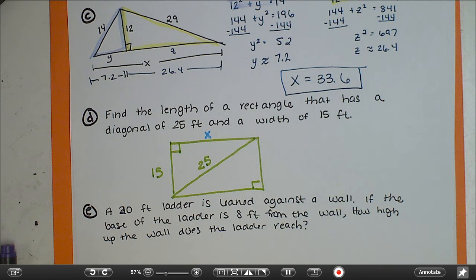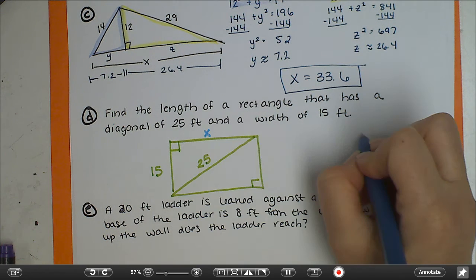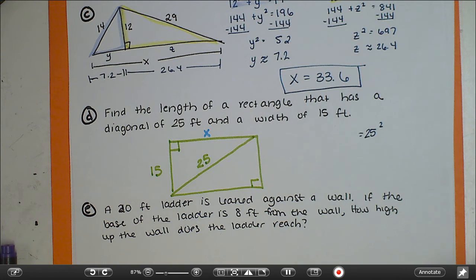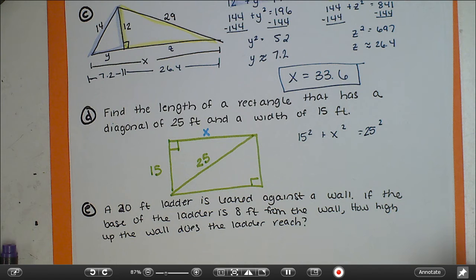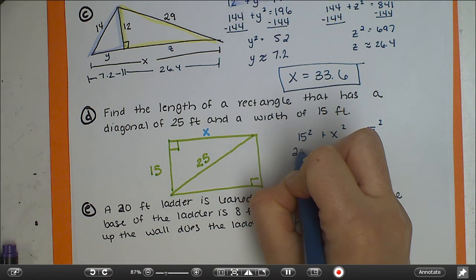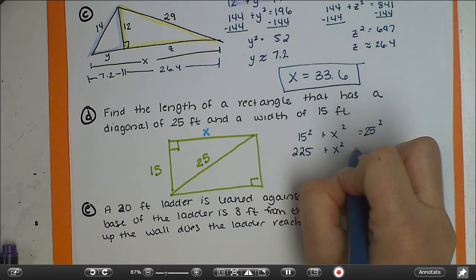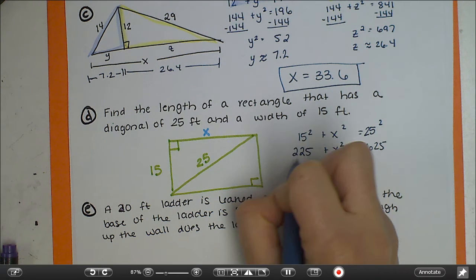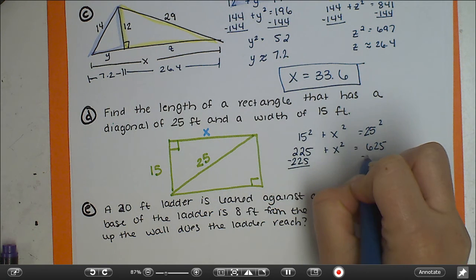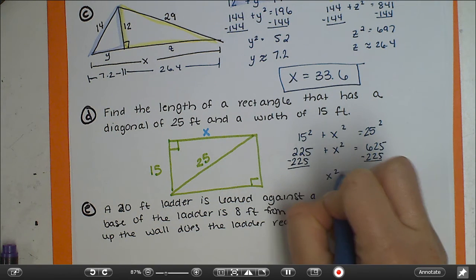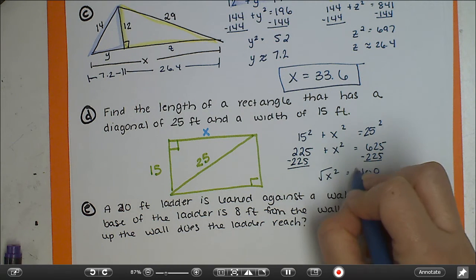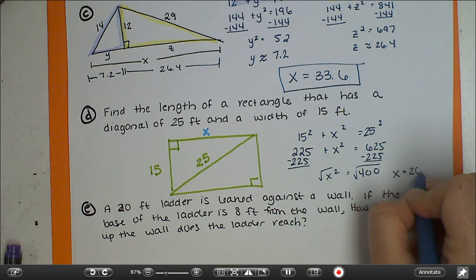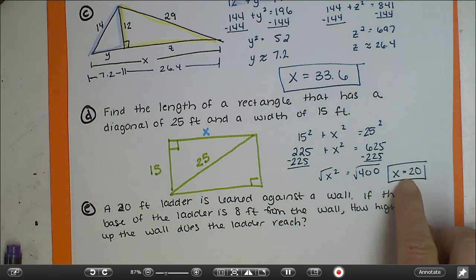So again, we're going to use the Pythagorean theorem, 25 being the hypotenuse because it's across from the right angle and the longest side. 15 squared plus x squared equals 25 squared. 225 plus x squared equals 625. Solve for x squared is 400, and take the square root of both sides, so x equals 20. This time I did not use the squiggly equal sign because we didn't have to round. It's a perfect number.